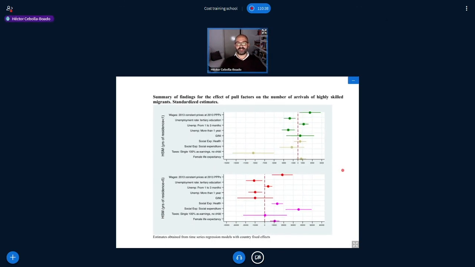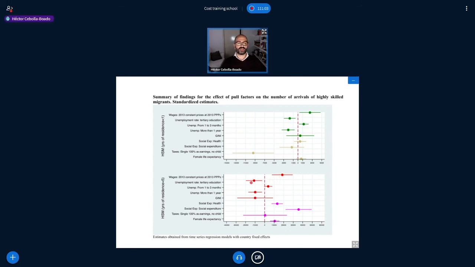But if you look at migrants whose time horizon is more long-term, so migrants who are not staying only for 1 year but at least for 5 years, so migrants that we observe in the data 5 years after their arrival, what we see is that indeed they want to go to countries where wages are higher.